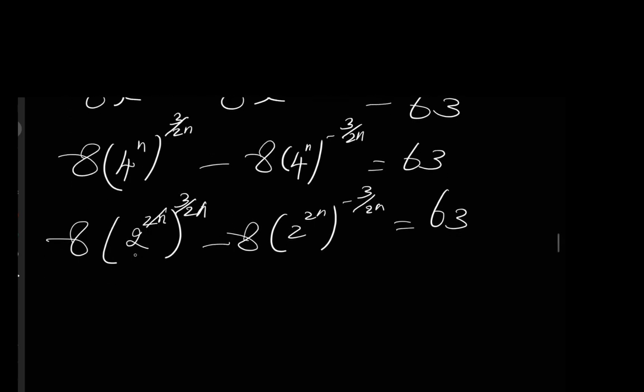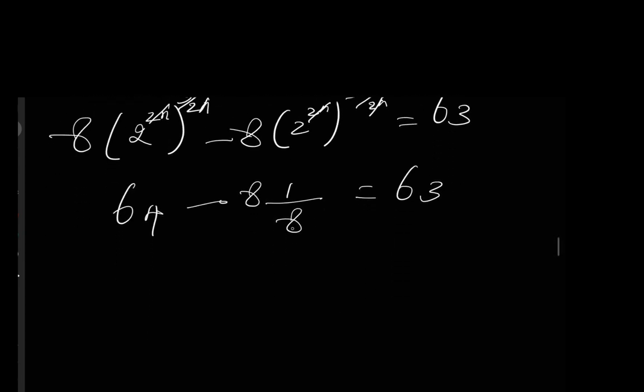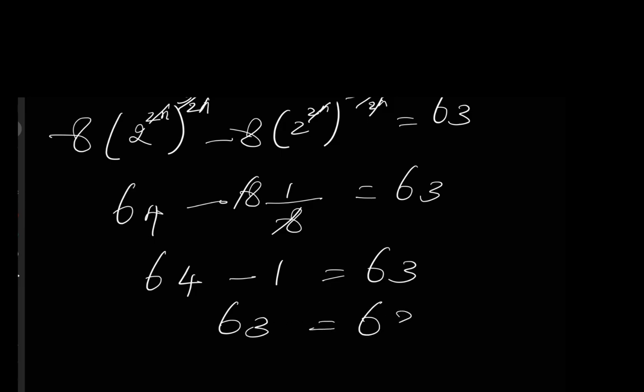So 2n cancels, you will get just 2 cube, 8 into 8 is 64, minus, then 2n cancels, 8 into 2 power minus 3, that is 1 by 8, is equal to 63. So 1 by 8 cancels, 64 minus 1 equal to 63. 63 is equal to 63.